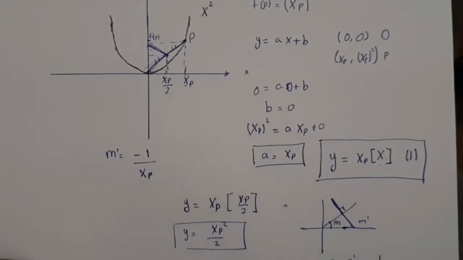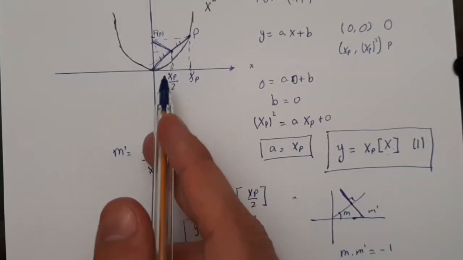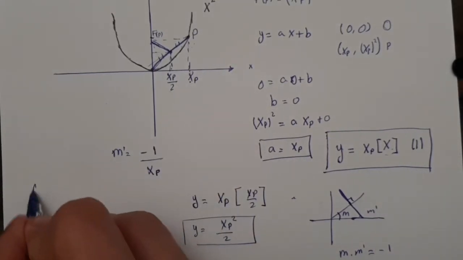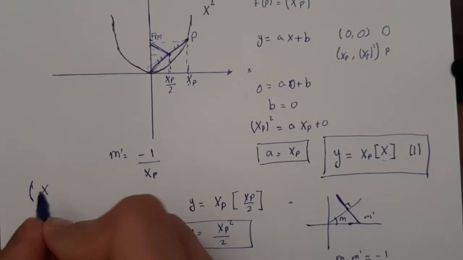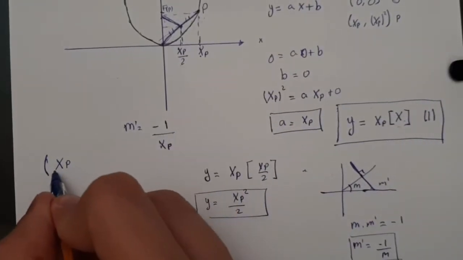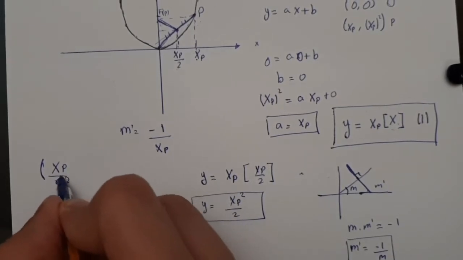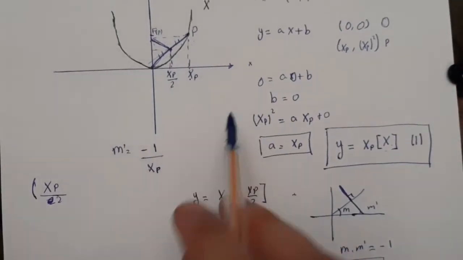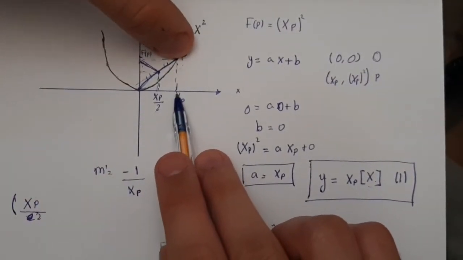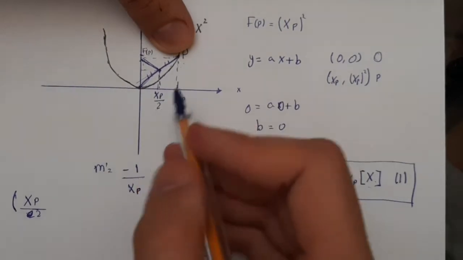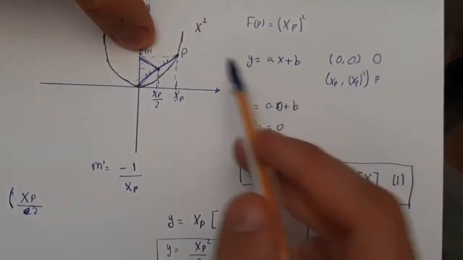So we have the linear coefficient and we have a point that is part of this line. Remember, the x was xp divided by 2, because we are taking half of this. But notice that you can't just say it is xp over here.